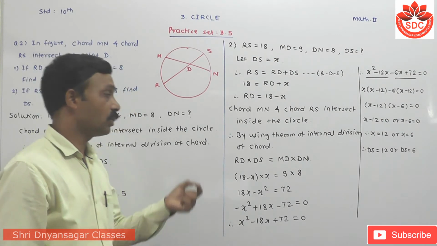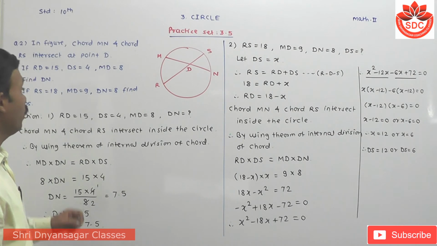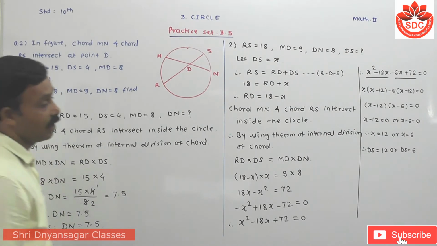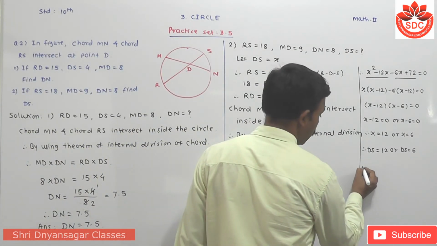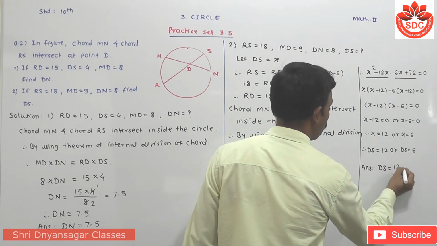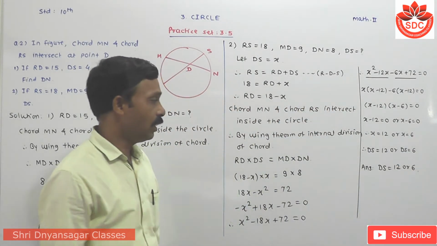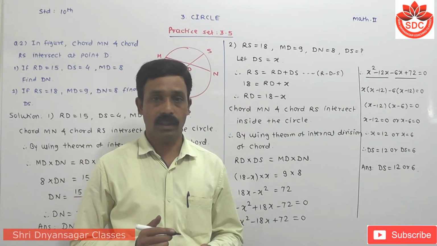Both are positive, so these two values are acceptable. So we have to find only the value of DS. So the answer in a full sentence is that DS is equal to 12 or 6. Can you understand? We see the next question.